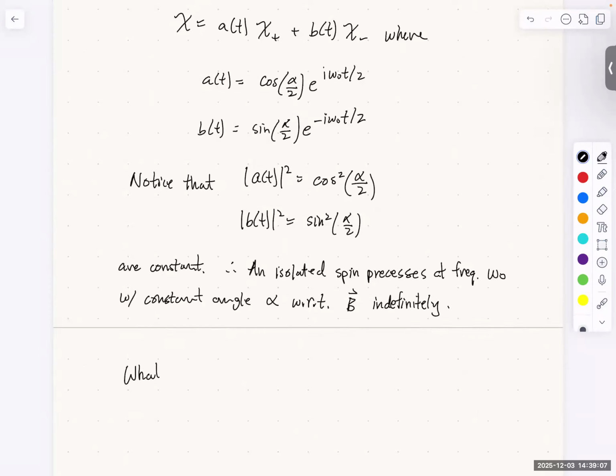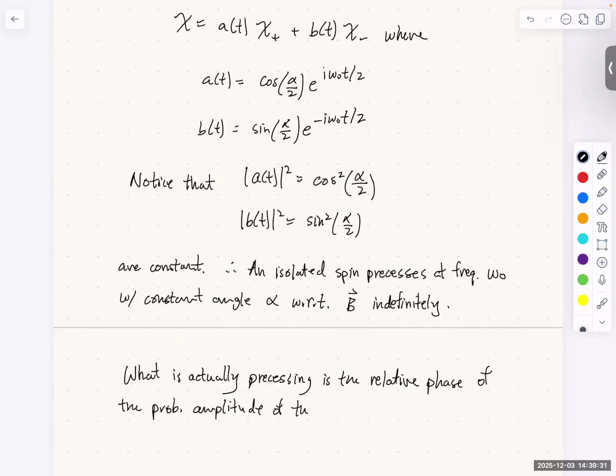So what I want to emphasize is what is actually precessing is the relative phase of the probability amplitude of the two-state system.